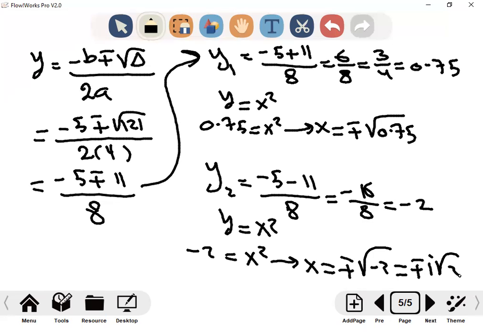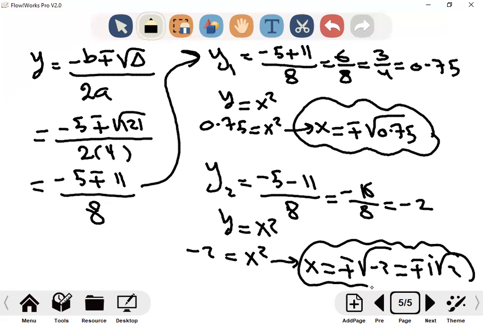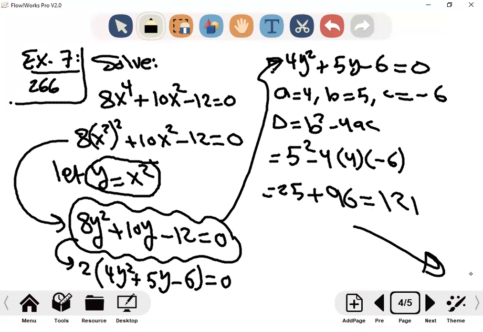How many solutions for y? For y, we have 2 solutions. But each y is x power 2, right? So how many solutions for x do we have? 4 solutions. This 2 plus minus, and this 2 plus minus. And go to your original equation. It is power what?